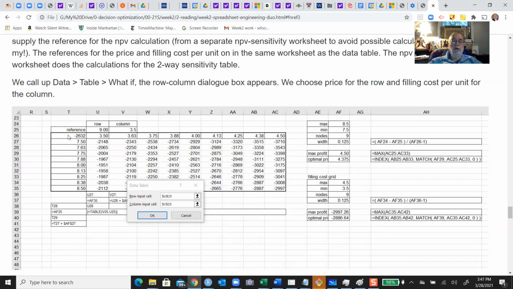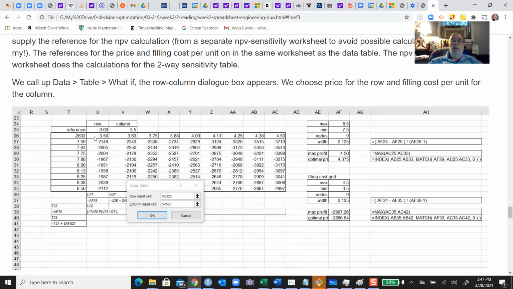And over here, the reference, this reference at 26, and I think we need to document where that reference comes from. That reference is actually to a spreadsheet, a separate worksheet just for net present value, just for this graph.